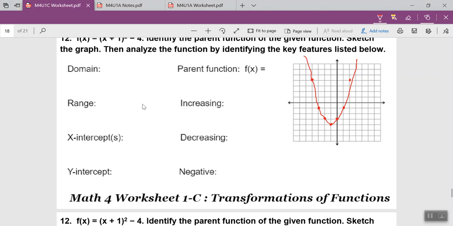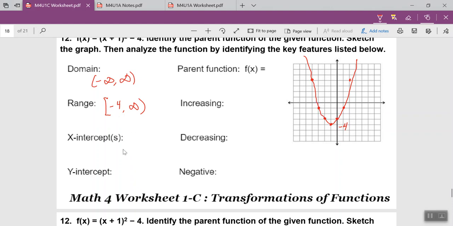All right, now let's answer some questions. Domain is going on forever in both directions. Range gets as low as -4, I believe. 1, 2, 3, 4. And goes up forever. -4 is a part of the range, so it's going to do that. X-intercepts, those are going to be approximate.